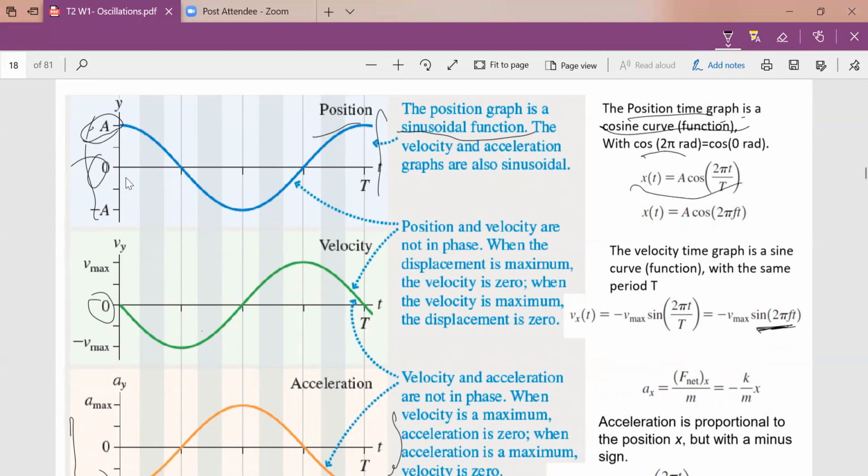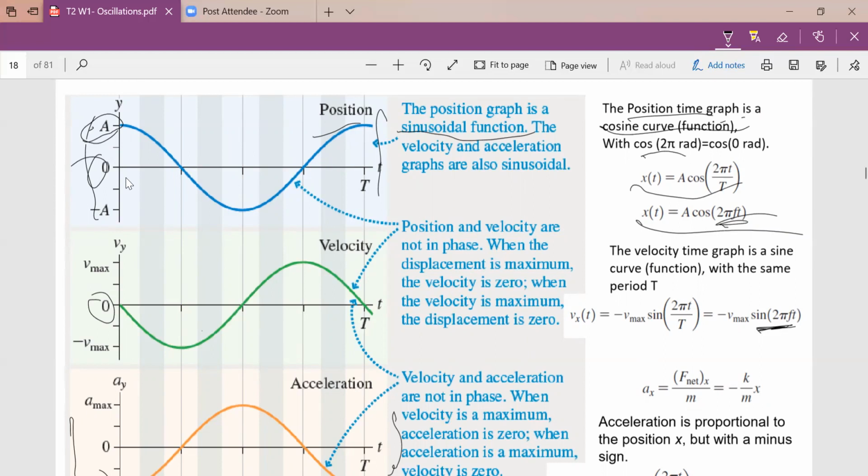So we'll arrive at the displacement x equal to amplitude A cos 2 pi small t over big T. To make the formula shorter, we bring in the concept of the proportionality of period, which is the frequency. We just take the inverse to bring in our f into the equation.